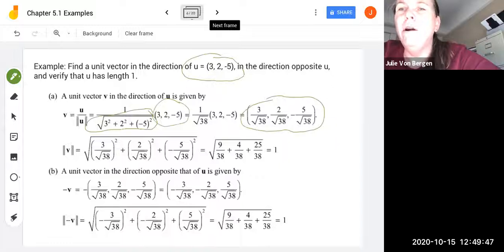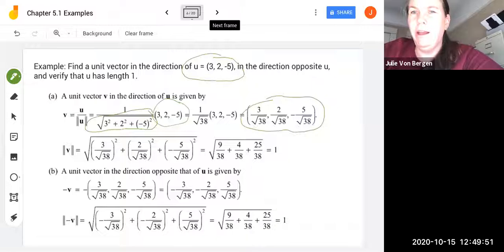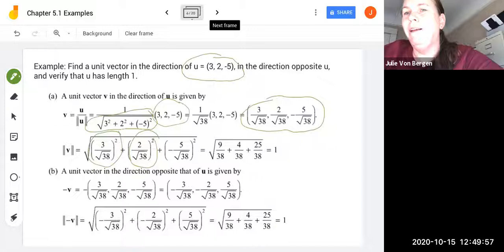And then the norm of this normalized vector should be 1, and you can verify: 3 over root 38 squared plus 2 over root 38 squared plus negative 5 over root 38 squared. If you just square the tops here, 9 plus 4 plus 25 gives us that 38. And then when we divide everything by 38, we get a 1, and the square root of 1 is 1. So to get a unit vector in the opposite direction, we just put a negative on v.